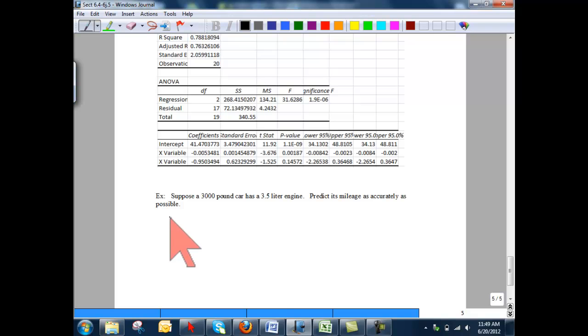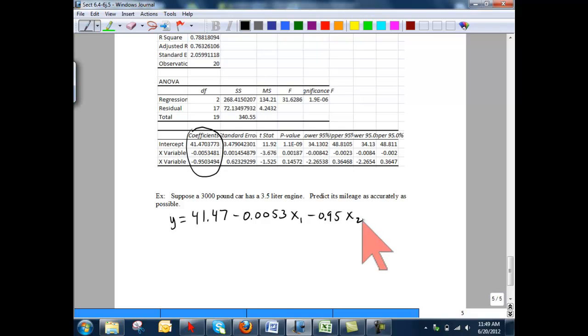And now here is the form of the regression equation. I'm looking right here, and let me write this in standard mathematical notation. y equals 41.47 roughly, then minus 0.0053 x, and I'm going to call it x sub 1 because there are a couple of x variables, and then minus 0.95 x2.